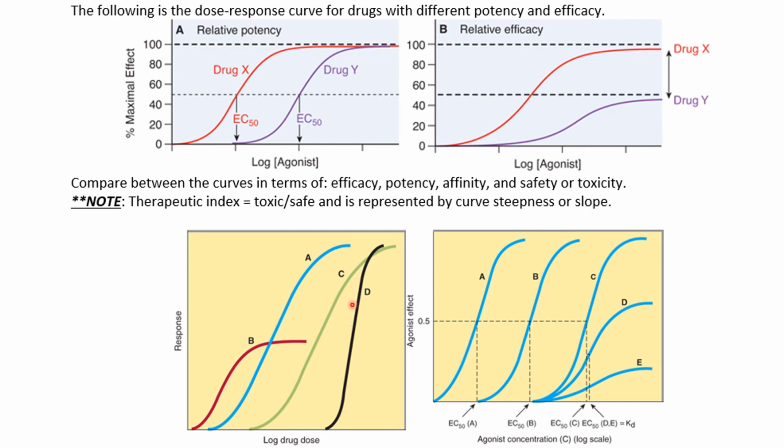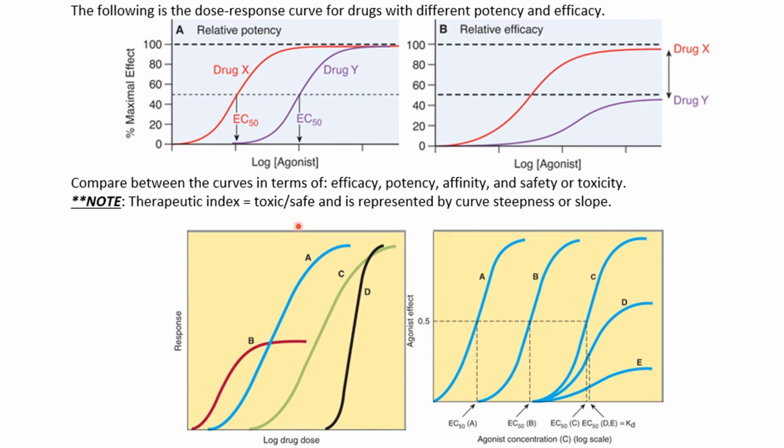The slope is steeper than for this drug here. Think about whether a higher slope would make it safer or more toxic. Compare a drug that has a steeper curve with one that has a less steep curve in terms of toxicity and safety.